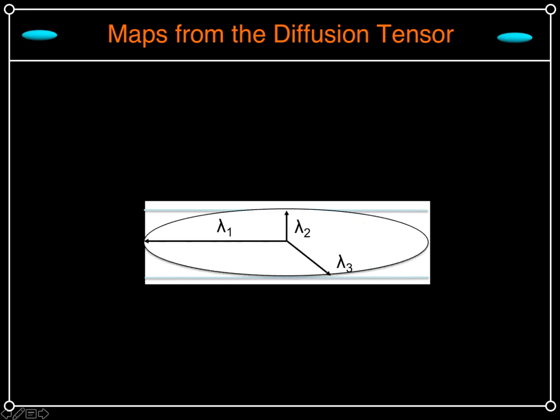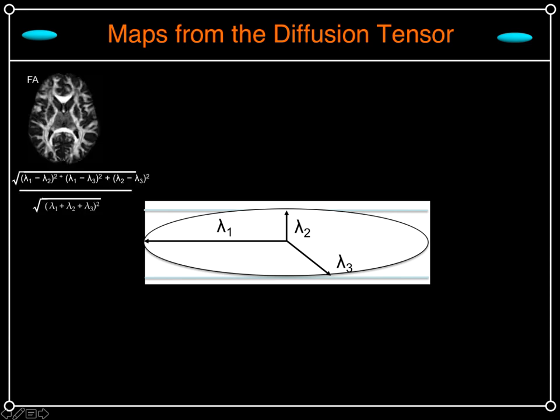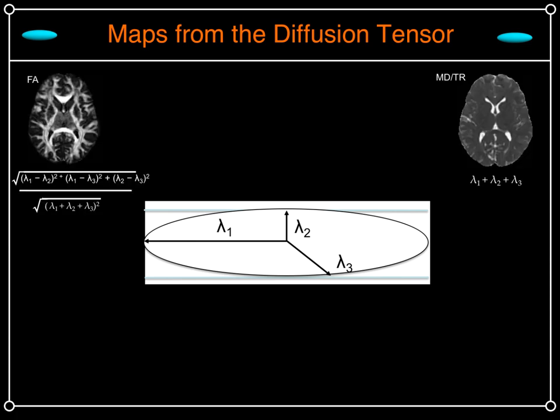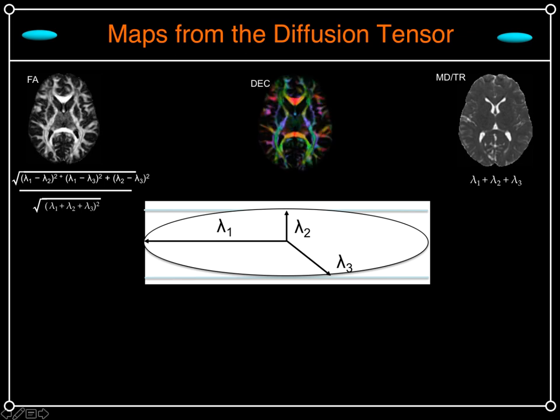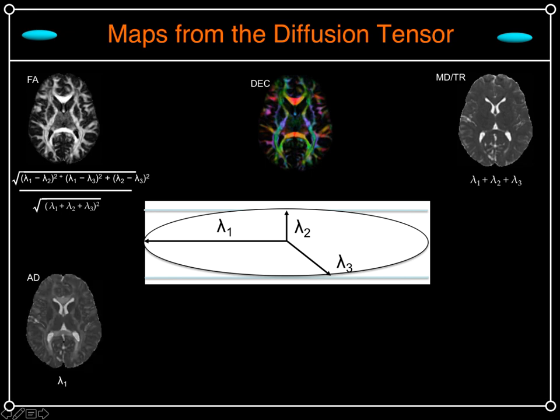And from these three different diffusion coefficients, you can extract these really cool maps. This is fractional anisotropy. This here is a directionally encoded color map that I briefly talked about. This here is the mean diffusivity, or trace. So you're using these three different diffusion coefficients and computing different maps that can tell you about different tissue properties.